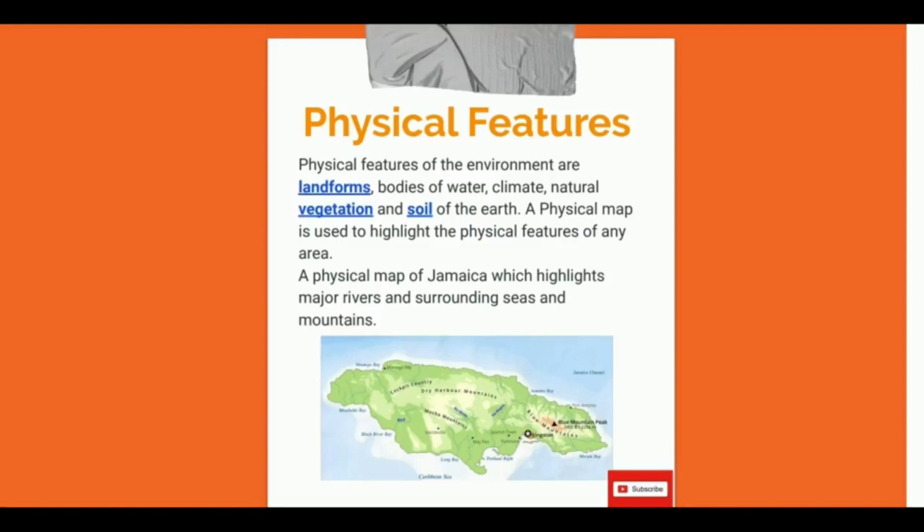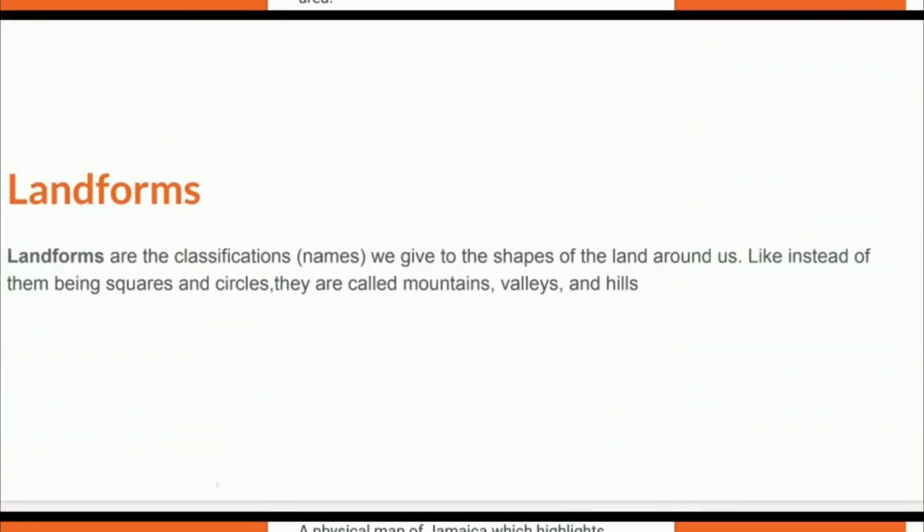A physical map is used to highlight the physical features of any area. In the slide, we see a physical map of Jamaica, and it highlights the major rivers, the surrounding Caribbean Sea, and also mountain ranges.